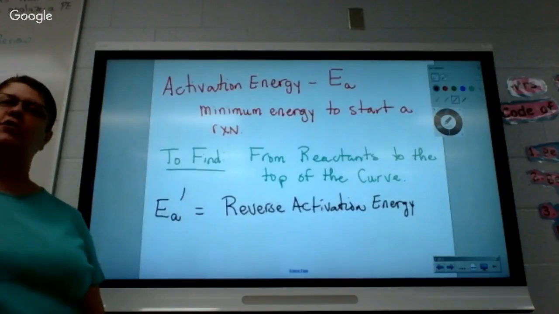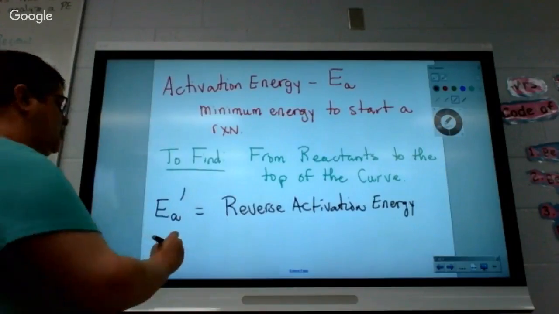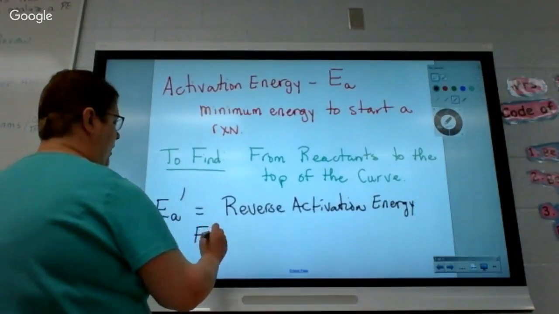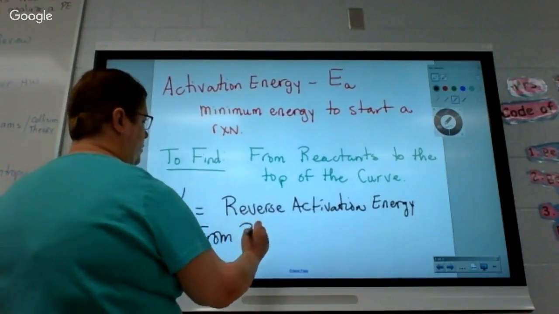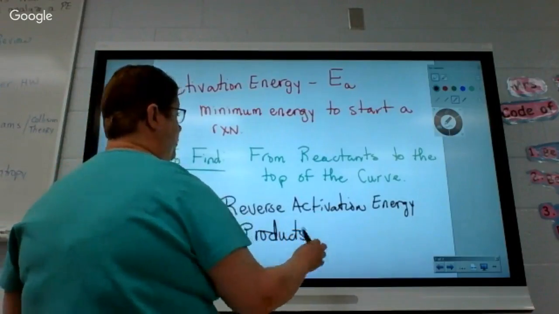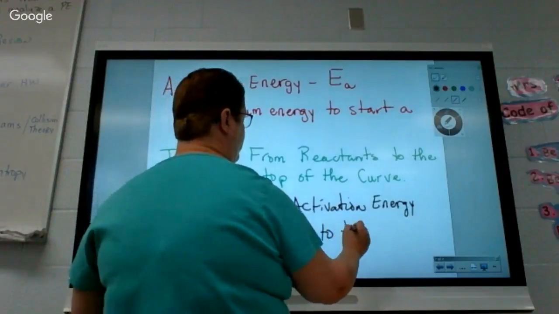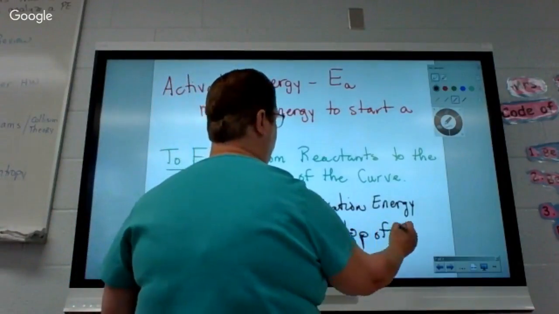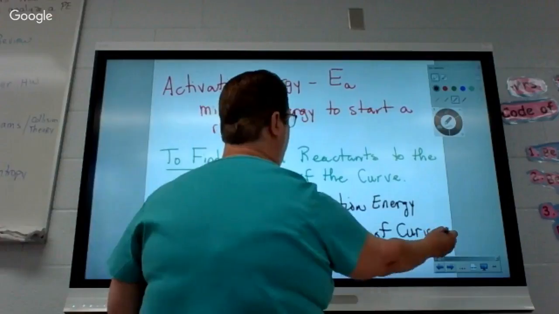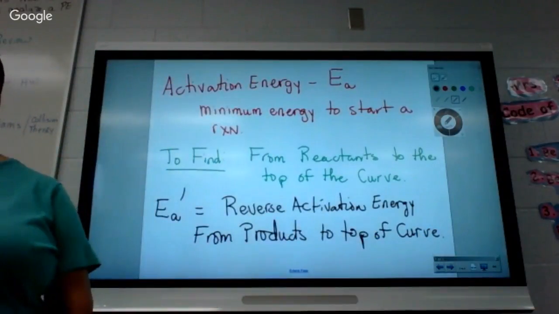Now, if I'm reversing the reaction, where would I start at to reverse it? That's right. So this will be from the products to where? Top of the curve. To the top of the curve. Okay, from the reactants to the top of the curve.